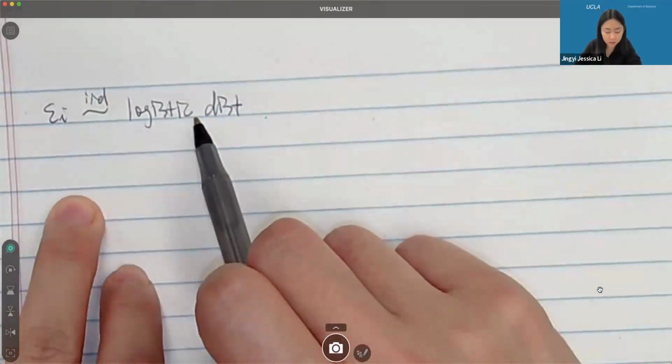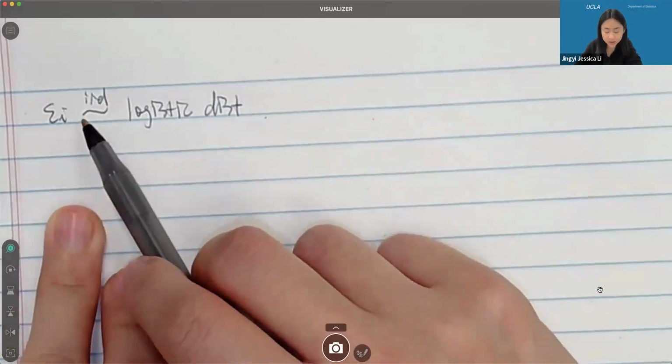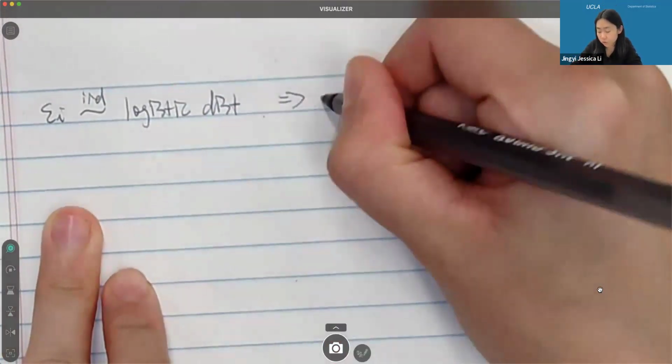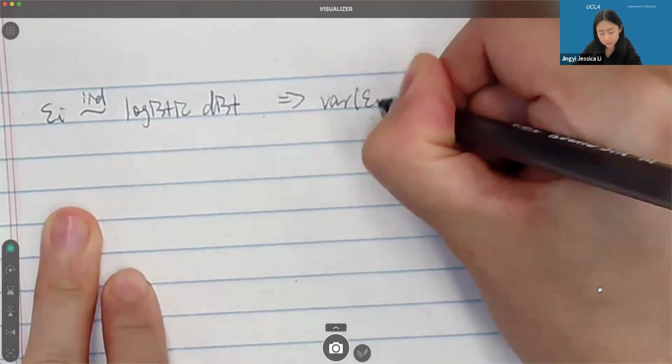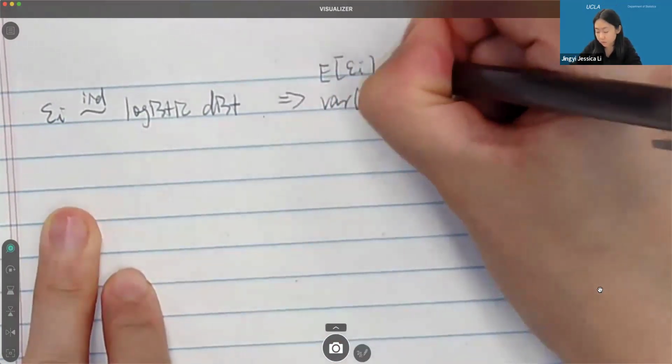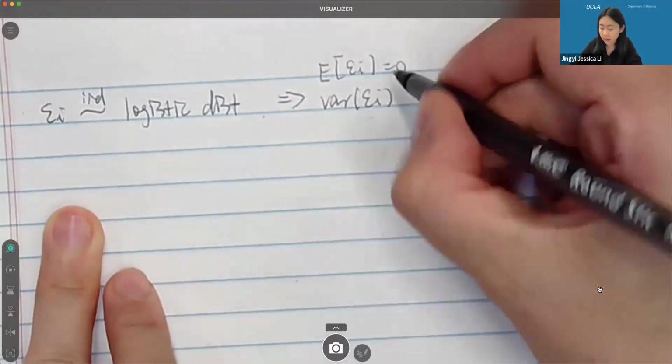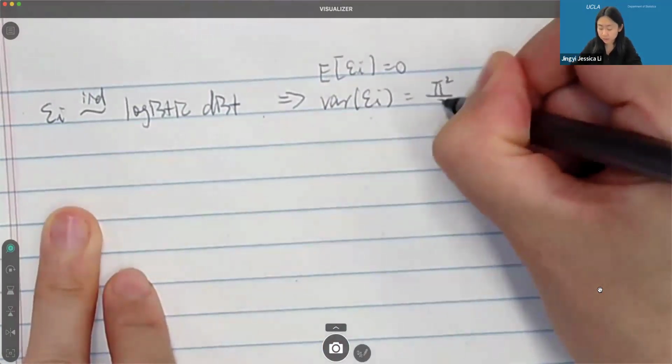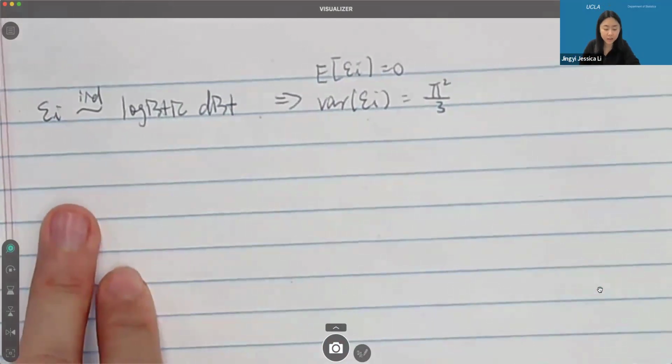If it follows this logistic distribution, then we have some natural properties. The mean of epsilon i is just 0, the same as the normal distribution. The variance of epsilon i is pi squared over 3.